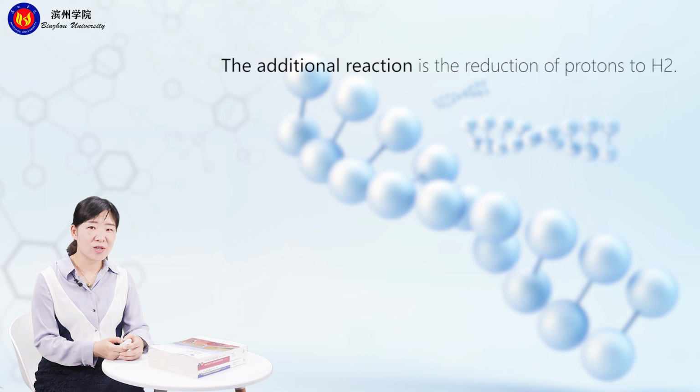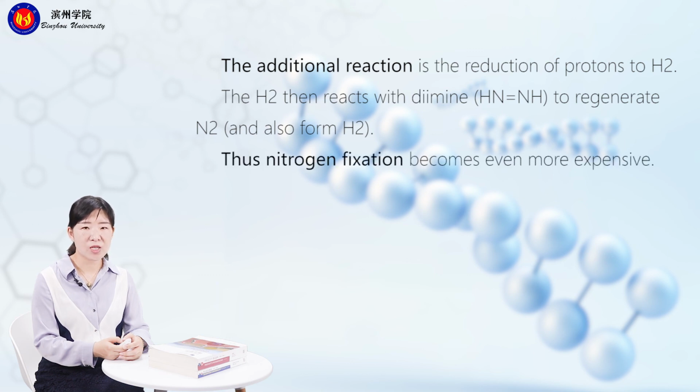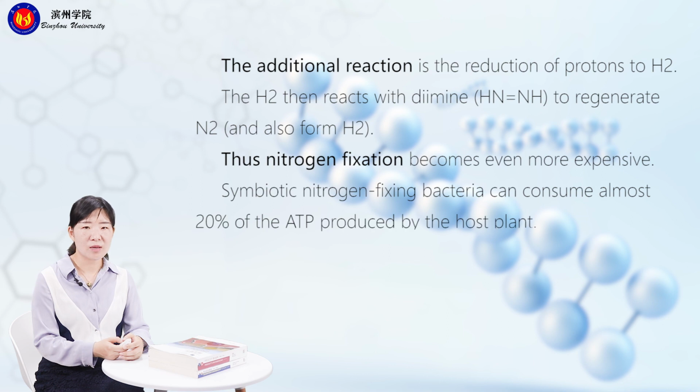The additional reaction is the reduction of protons to hydrogen. The hydrogen then reacts with dinitrogen to regenerate nitrogen. Thus, nitrogen fixation becomes even more expensive. Symbiotic nitrogen-fixing bacteria can consume about 20% of the ATP produced by the host plant.